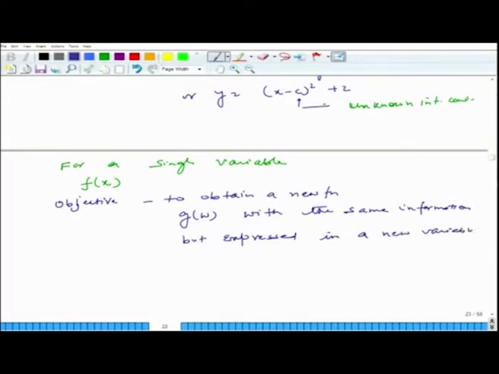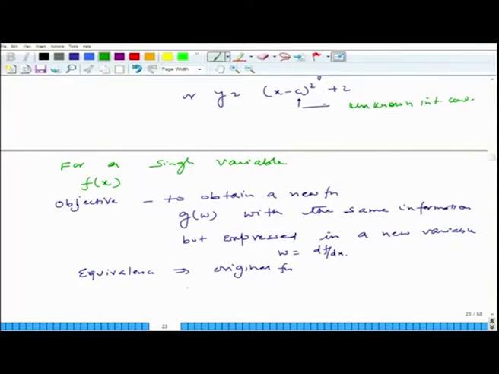What is the variable? W, which is the first derivative of the original function with respect to x. And same information means equivalence, which means we can recover the original function without any integration constant.